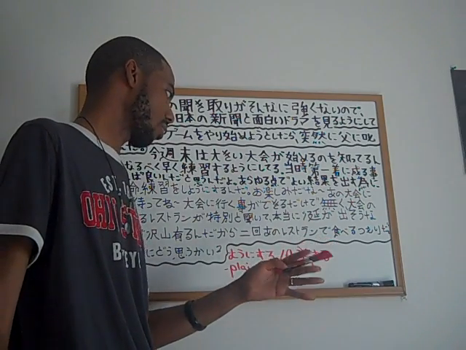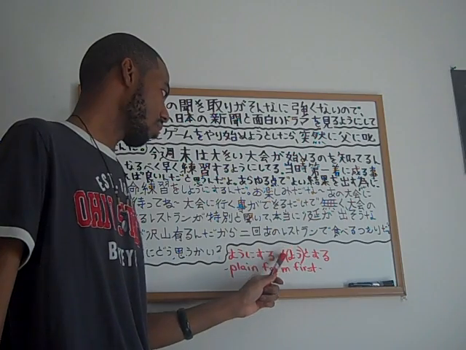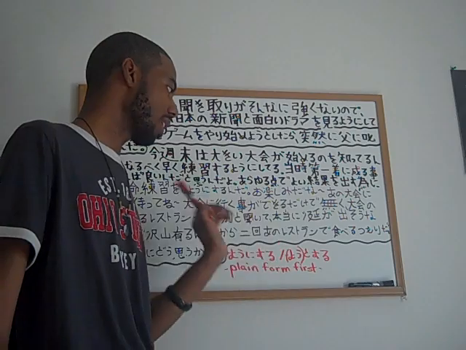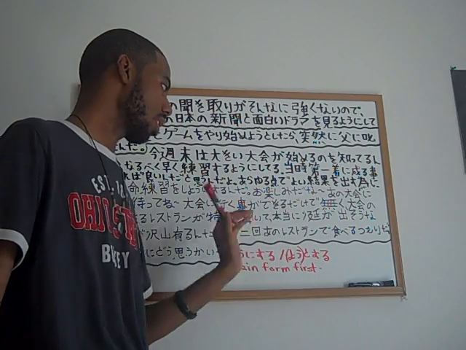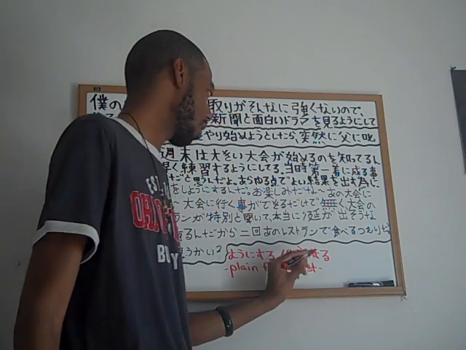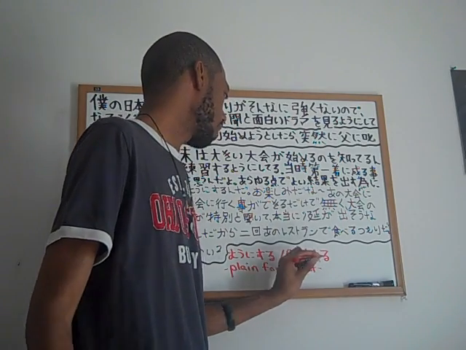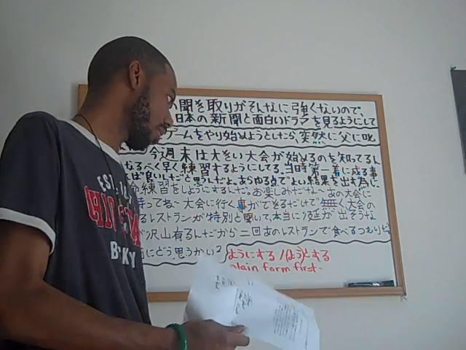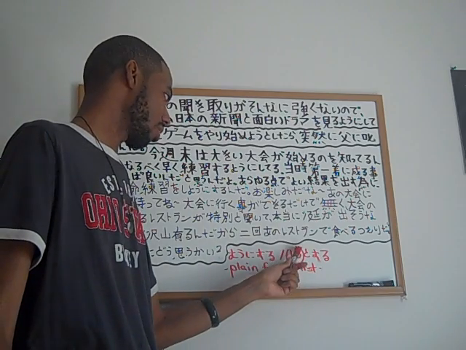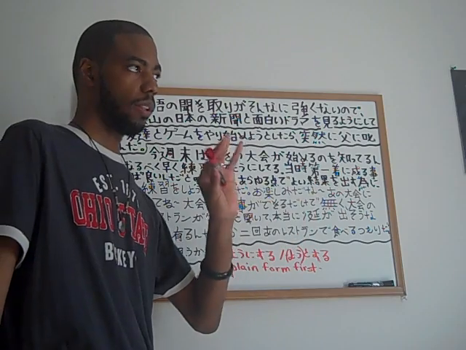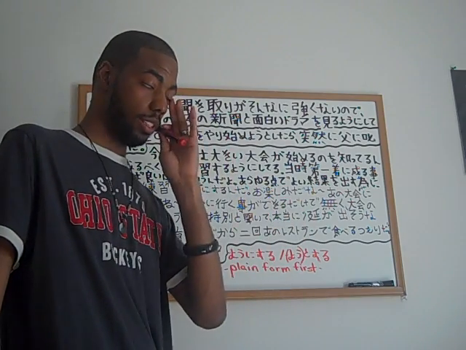Take iku for example: this part yo is going to drop off, and iku will become iko to suru. That's why you have these parentheses here for this yo, because it's telling you that it has to drop off, depending on the verb.